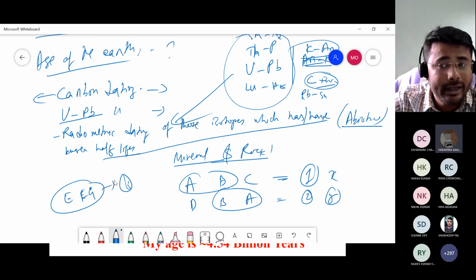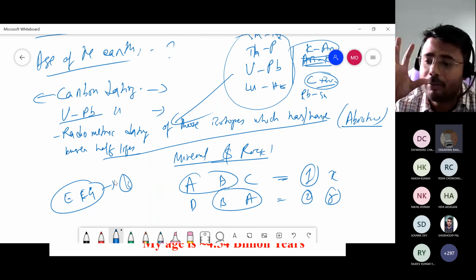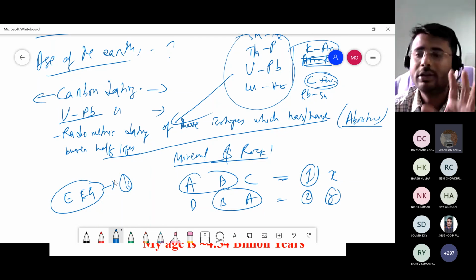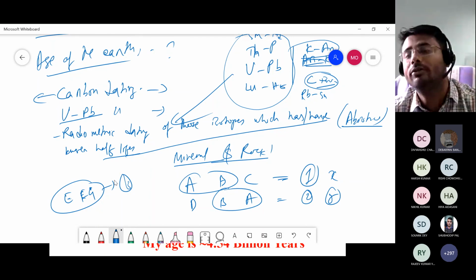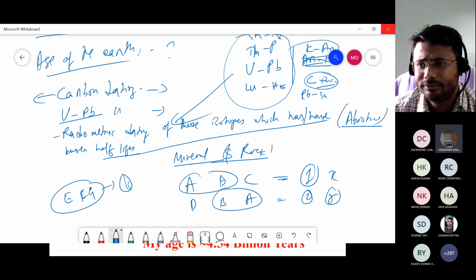So if we date that particular mineral, definitely we can get the oldest age of our earth. So we'll be discussing what type of rocks or minerals are used for radioactive dating in order to find the oldest age of our earth in the next class. Understood?